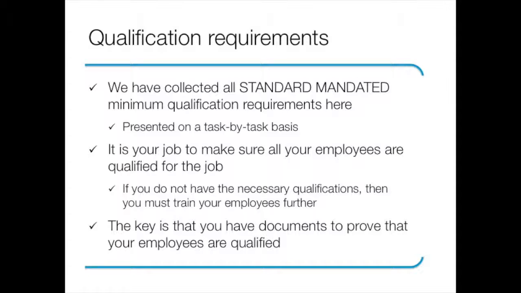In this case, however, you cannot freely define all qualification requirements as the standard sets the minimum qualification requirement. We have included all standard-mandated qualification requirements in this single document, and it's your job to ensure that your employees are qualified. Usually making sure someone is qualified is as simple as comparing their qualifications with the requirements.